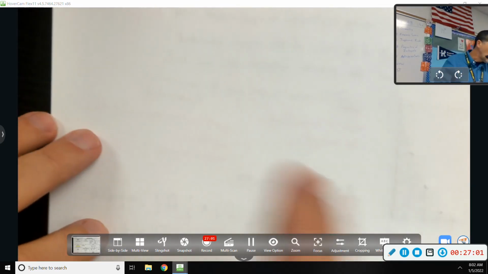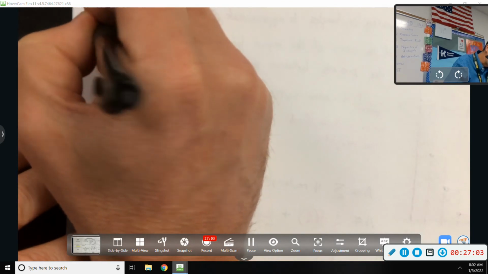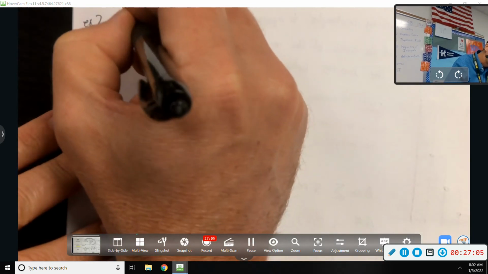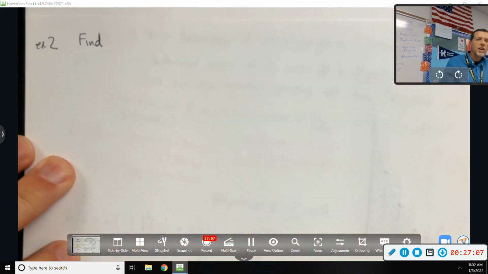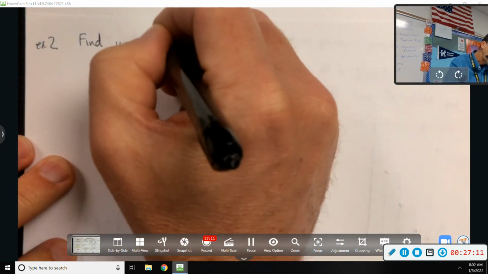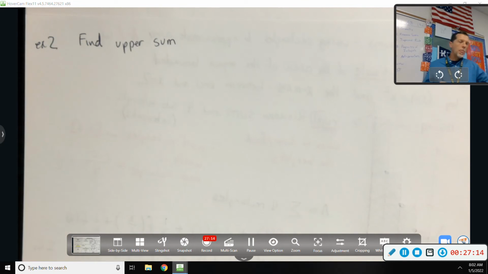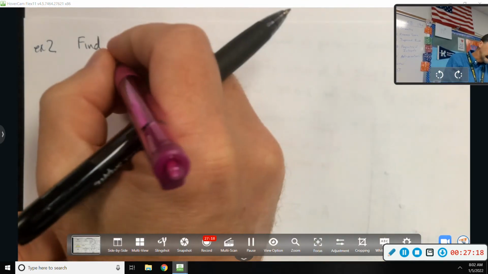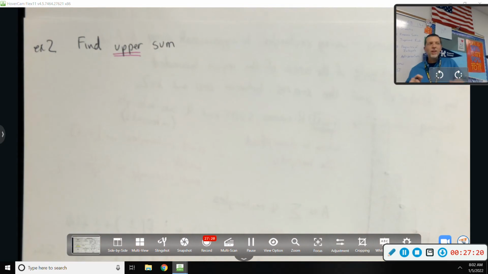All right, let's go a little faster here. Maybe we got the hang of this. All we're doing is adding rectangles. Number 2, find the upper sum. So upper means an overestimate. I haven't said whether that's a right or a left, but that's just because it depends on the problem.